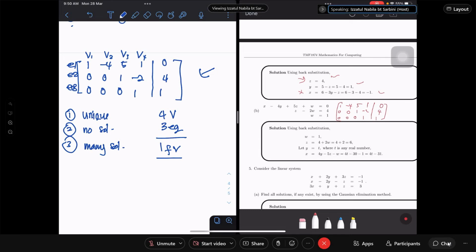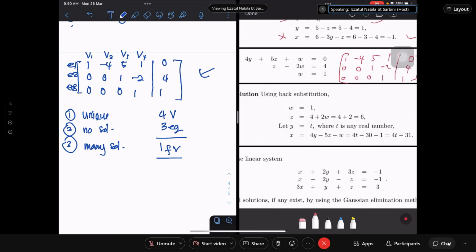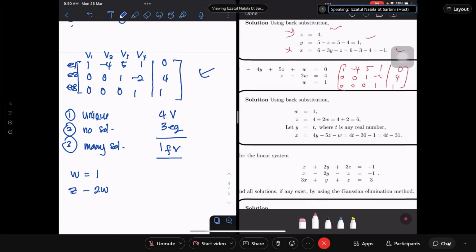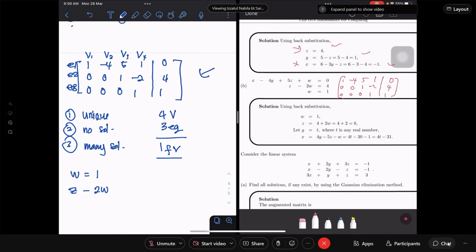So when you look at this matrix now, when you change this back into equations, you have W equal to 1, right? And then the second equation is Z minus 2W, which is equal to 4.